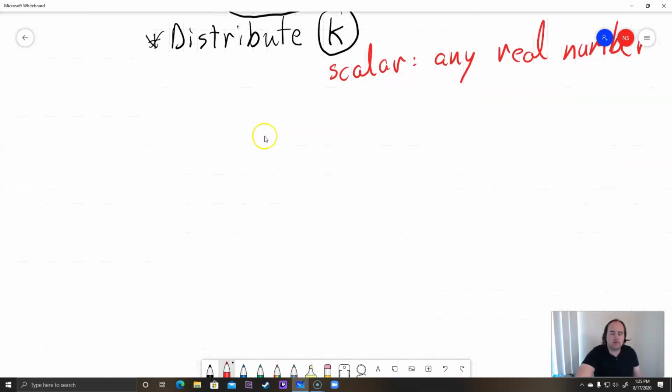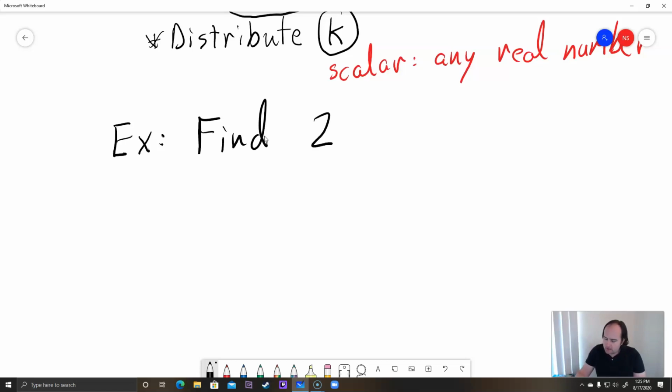That'll probably be helpful. Okay, so example. Find 2v and negative 3v.